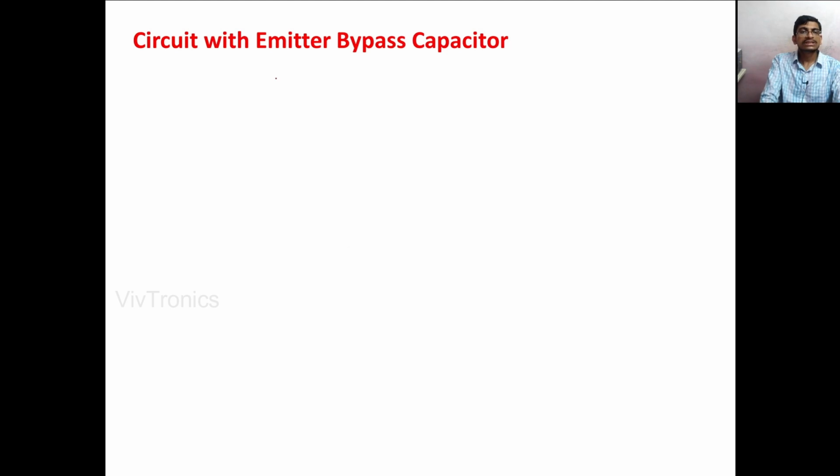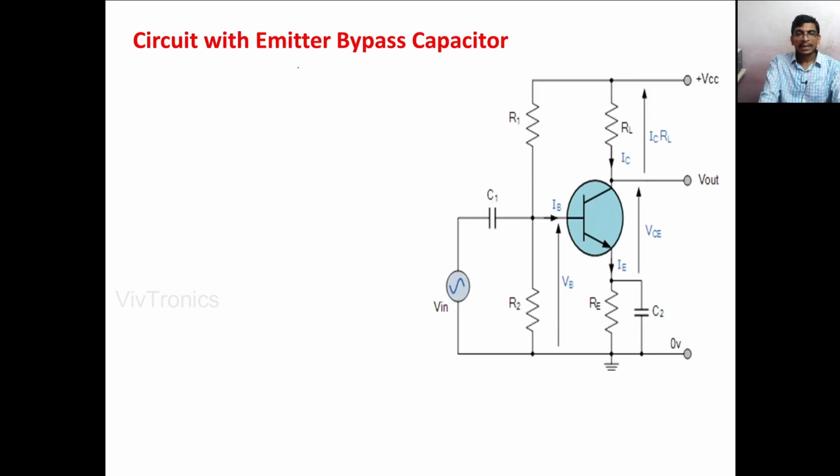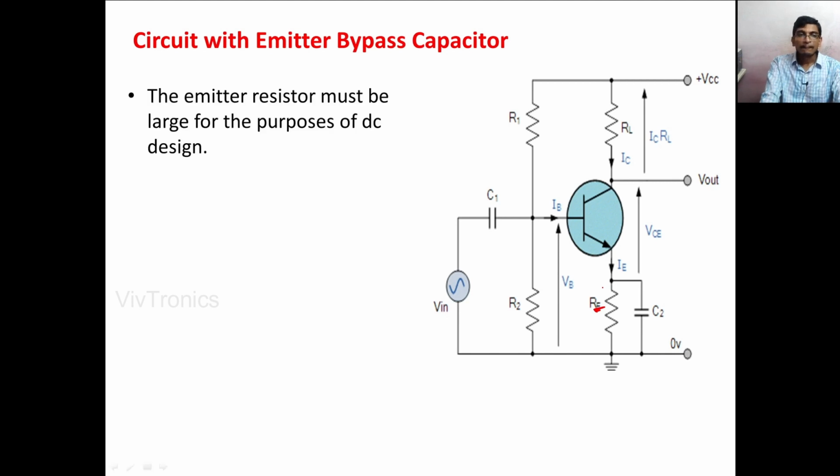Next, we are going to see the circuit with an emitter bypass capacitor. The problem in the above circuit is that the emitter resistance Re provides negative feedback, which reduces the voltage gain. That can be eliminated by using an emitter bypass capacitor Ce, which is in parallel with Re.